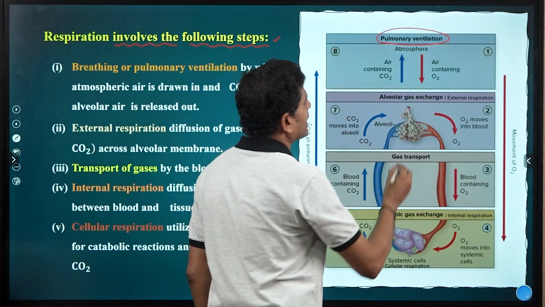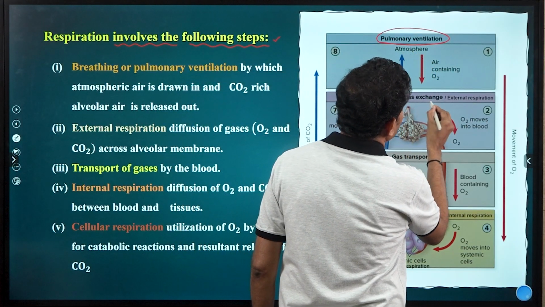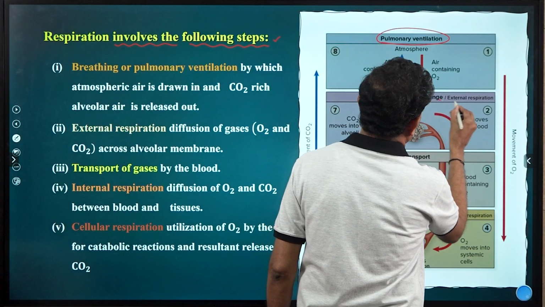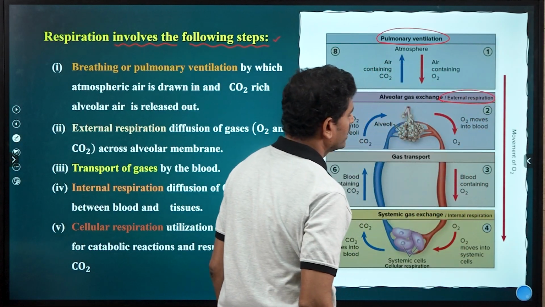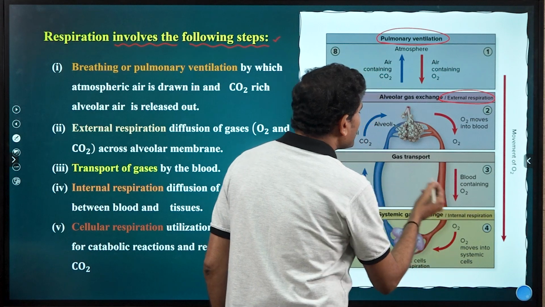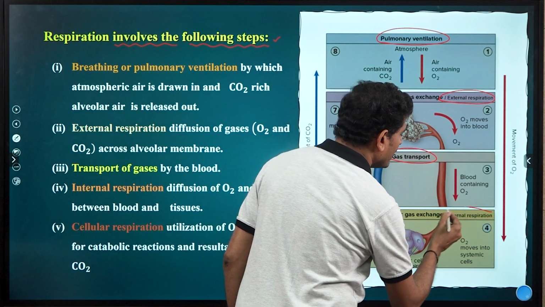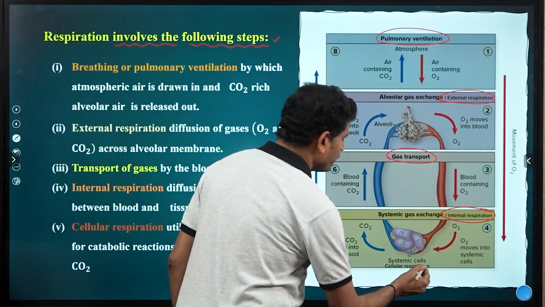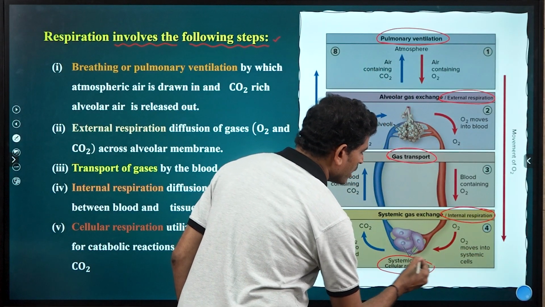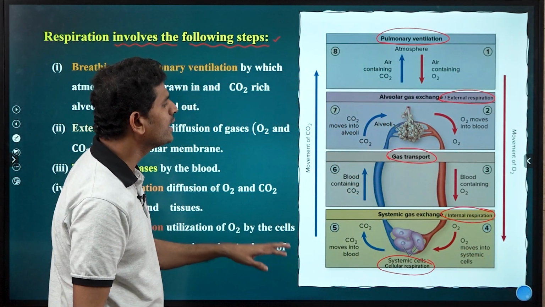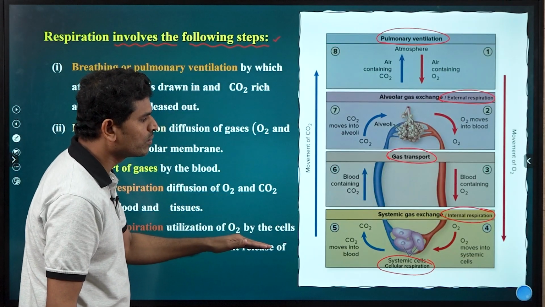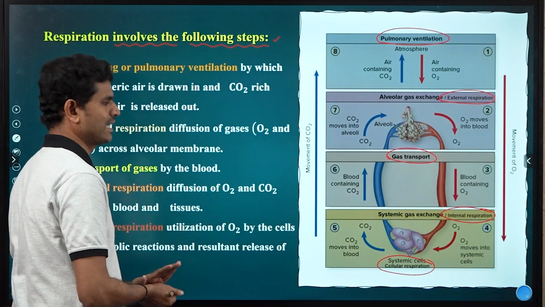The second one is alveolar gas exchange, or external respiration बोलते इसको. Next one, transport of gases, the third event. The fourth event is internal respiration, and the fifth event is cellular respiration. These are the 5 events. Through these events only gases will be exchanged.